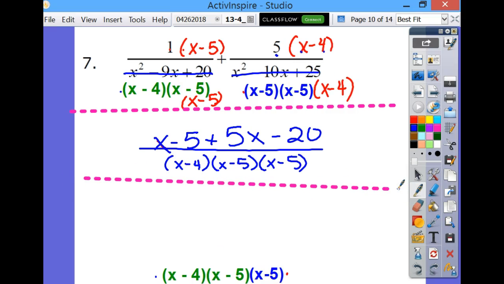Next step, combine like terms. That's going to give me 6x minus 25. Does anything factor or cancel out here in my final answer? You always have to check your final answer and make sure it cannot be reduced any farther.